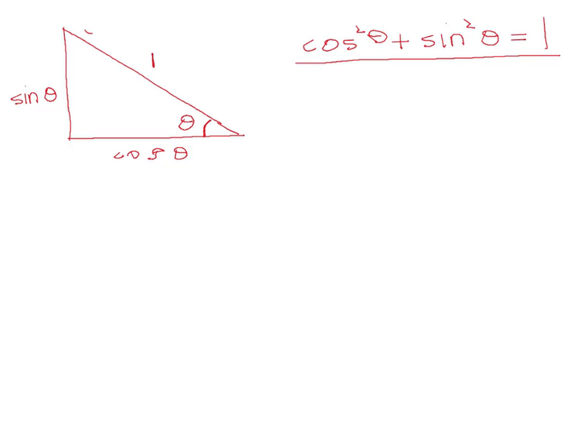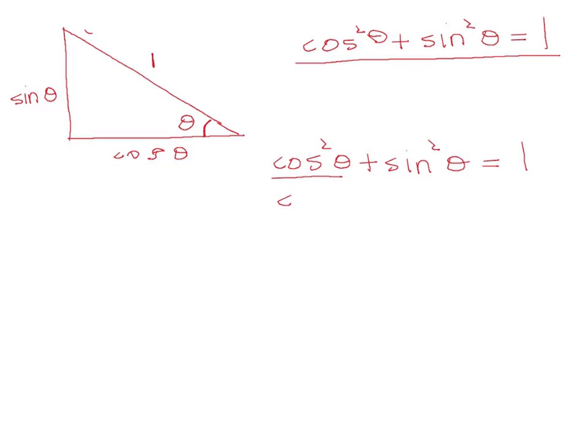Now, let's say I have cosine squared theta plus sine squared theta equals 1. And I want to put it in terms of tangent. Well, I know the tangent is the sine over the cosine.